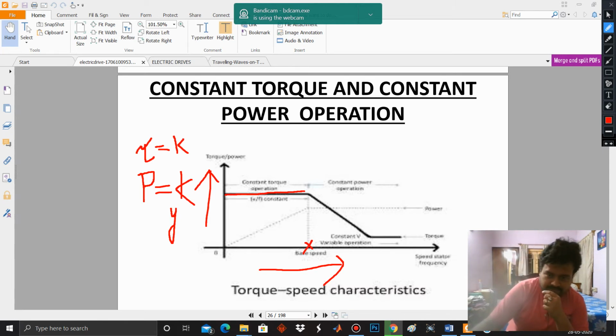So after the base speed, what will happen? It will fall, like this. So now the torque is reducing.